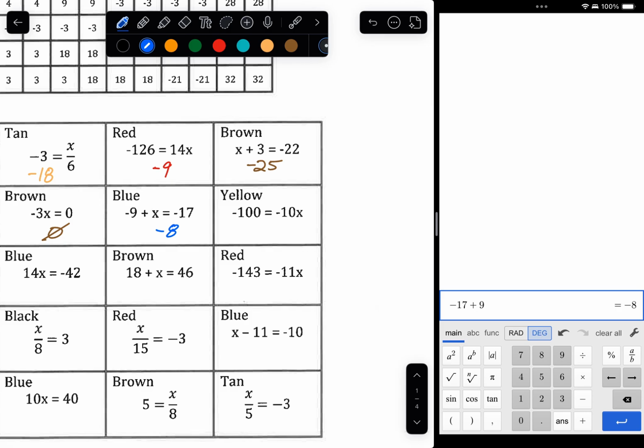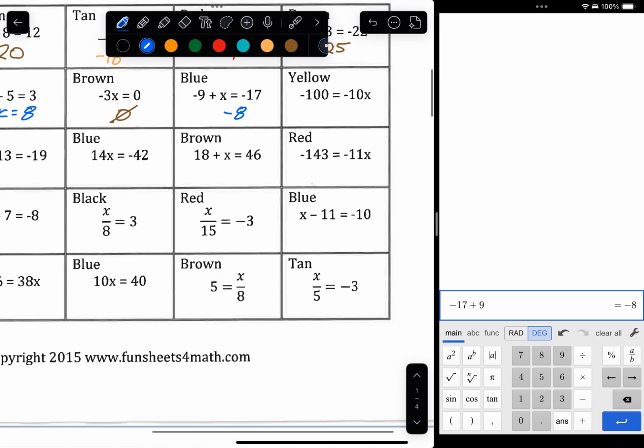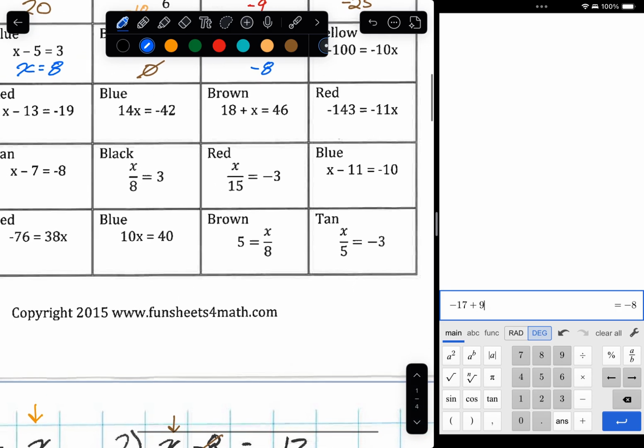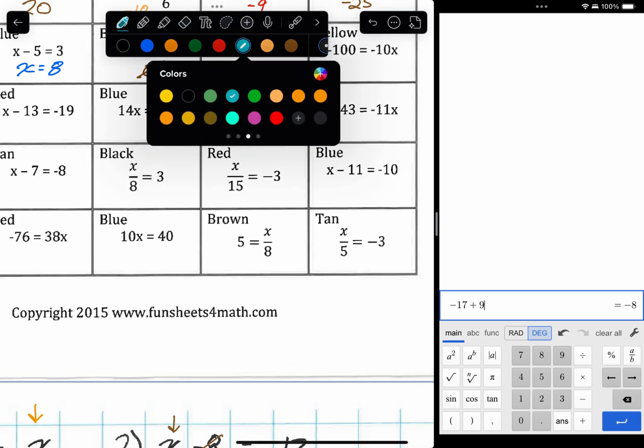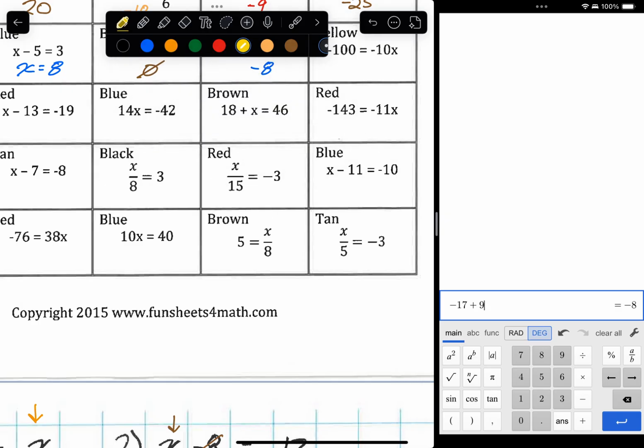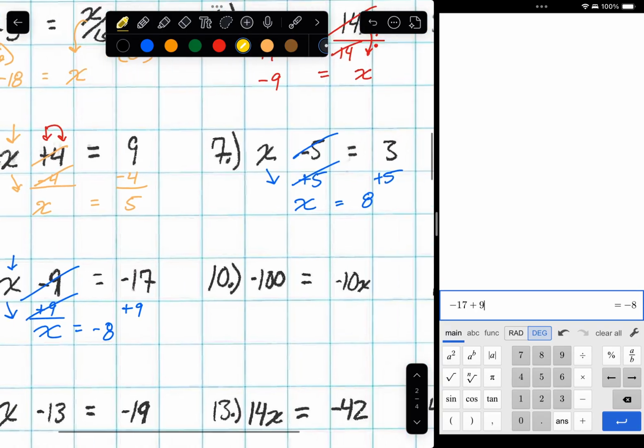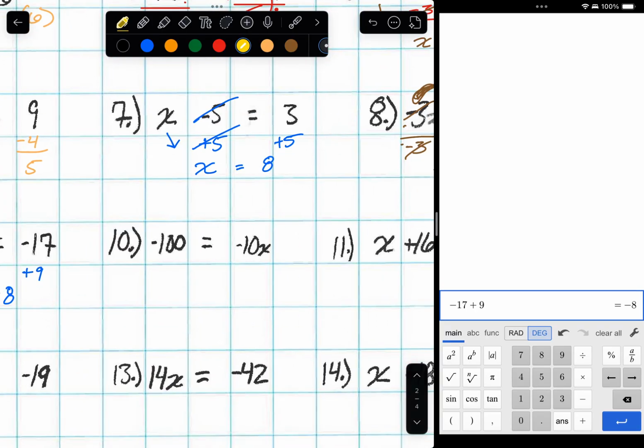One more. Negative 100 is equal to negative 10x. This will be yellow. Negative 100 is equal to negative 10 times the number x. Well, what times 10 would be x? If you don't know, use the opposite. Normally multiply, but we divorce with division.